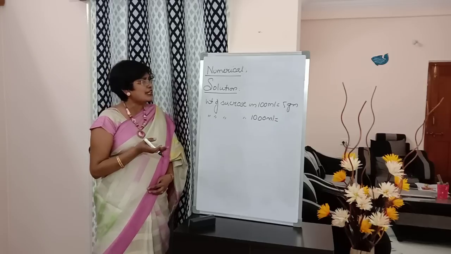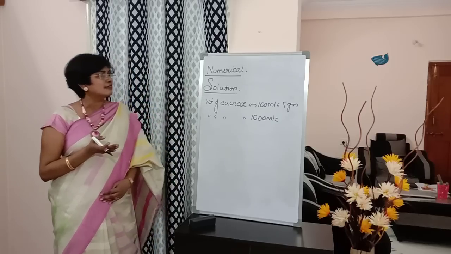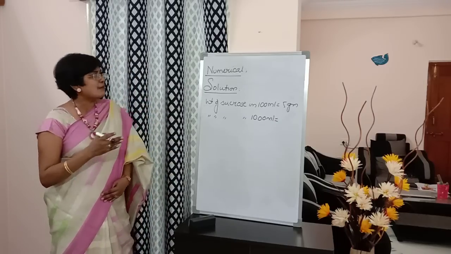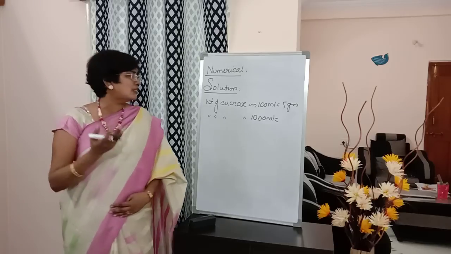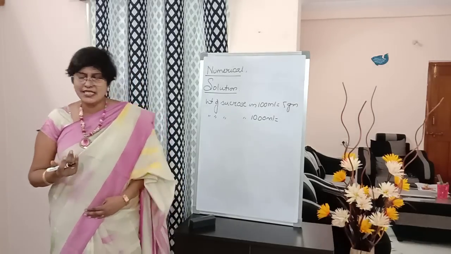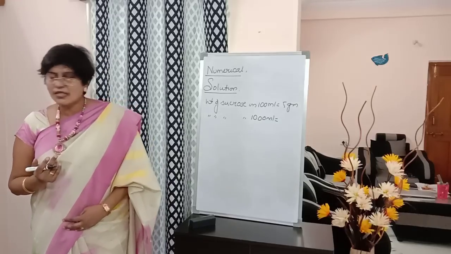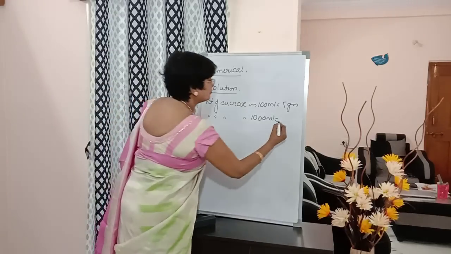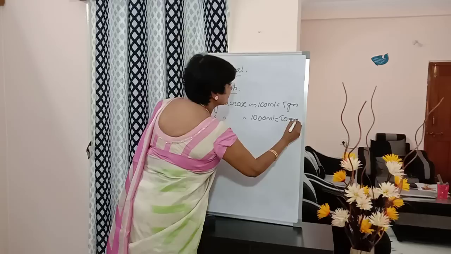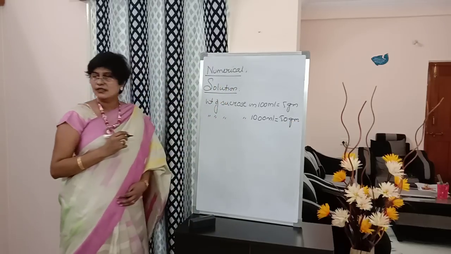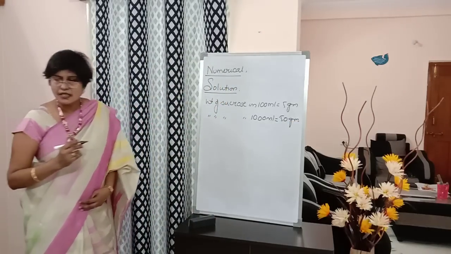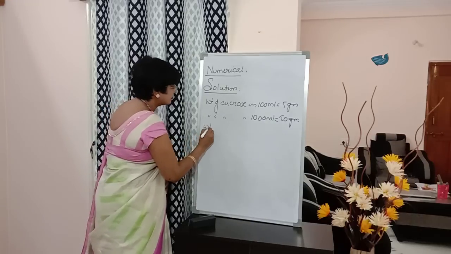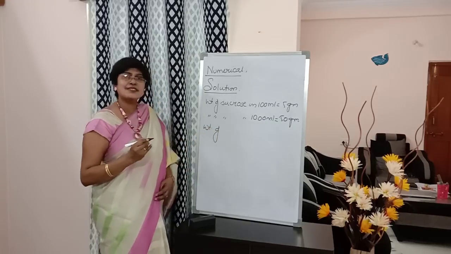So what will be the weight of sucrose in 1000 ml? 100 ml 5 grams. 1000 ml how much? 1000 into 5 by 100, it is how much students? 50 grams, right? 50 grams. Okay, next weight of another substance we will take.